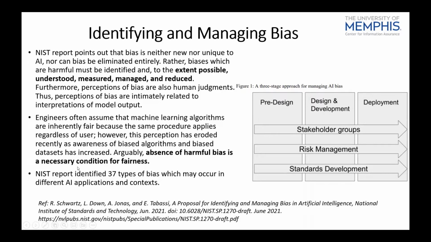With that, NIST came up with 37 different types of biases that may exist in human decisions and developing AI algorithms of different types. So this report is very interesting to go over to understand different types of biasness and how we can build AI ML systems which can remove those biases.